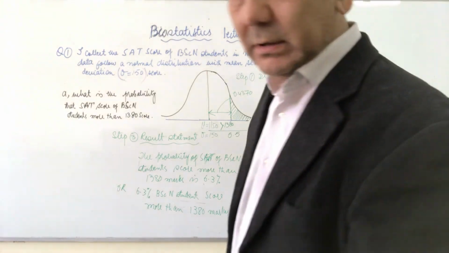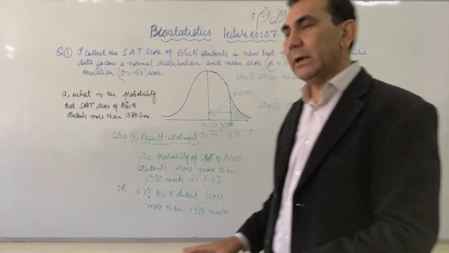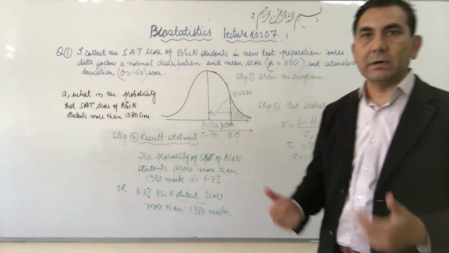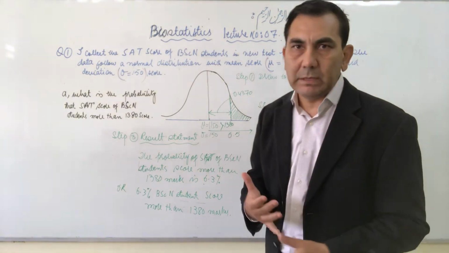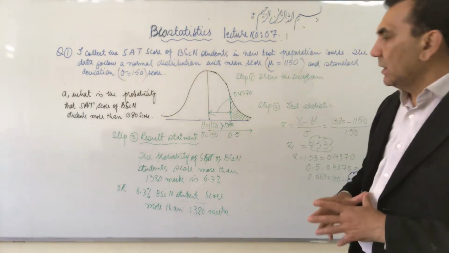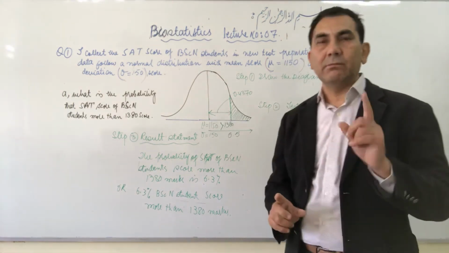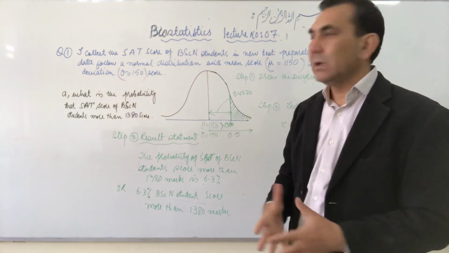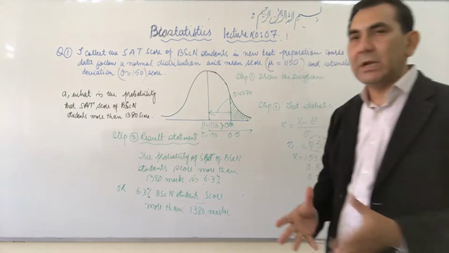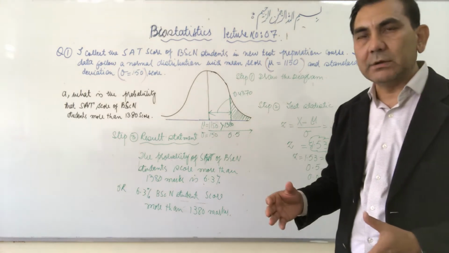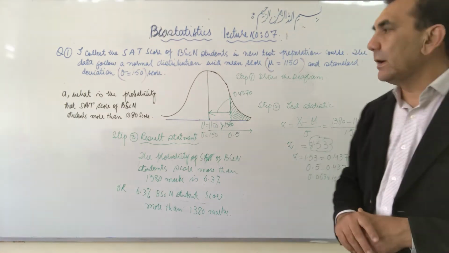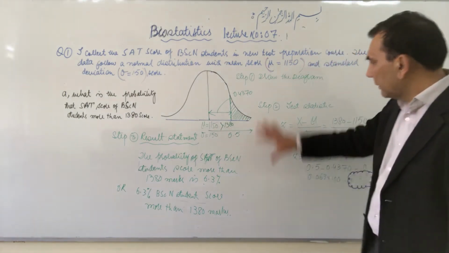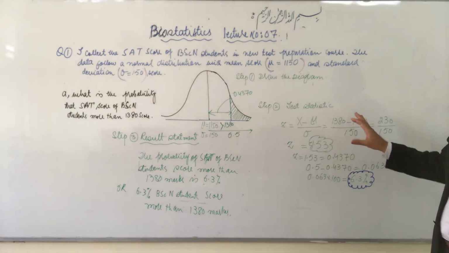So today we solved the probability area under the normal curve by using the mean and standard deviation. We solved one numerical: what is the probability that a BSN student scored more than 1380 marks. We used 3 steps.